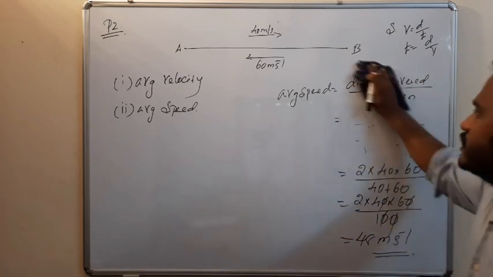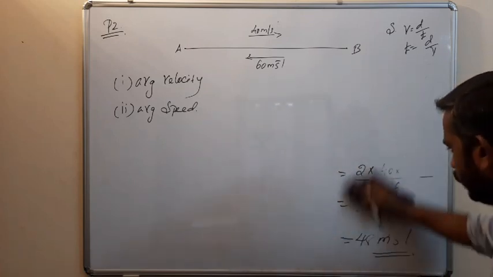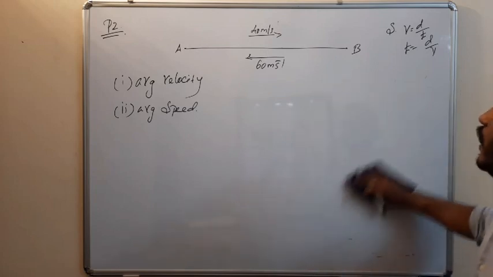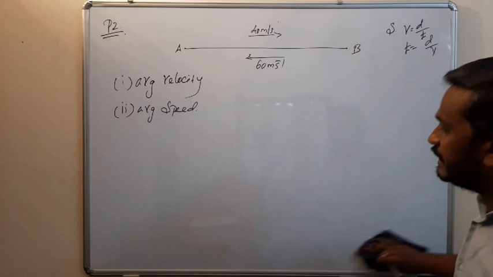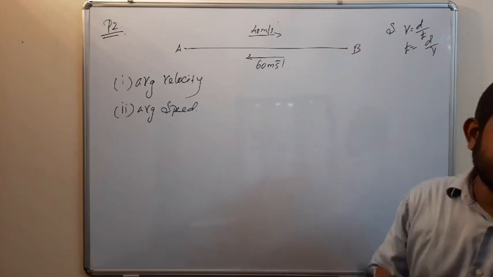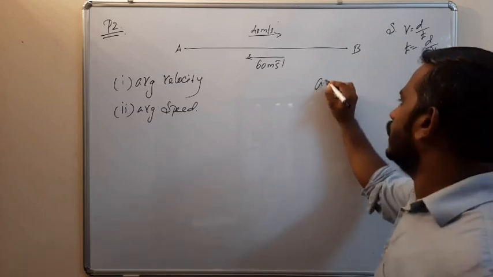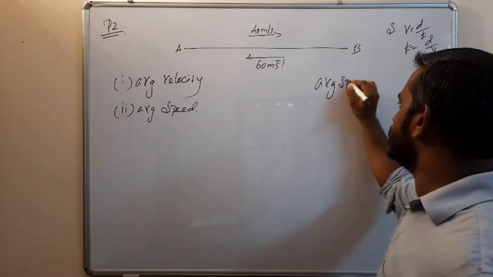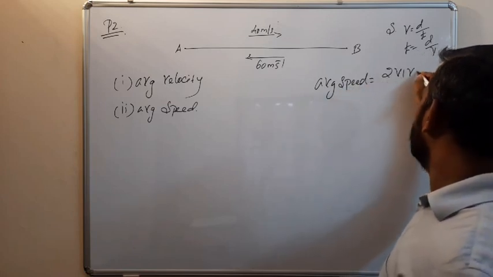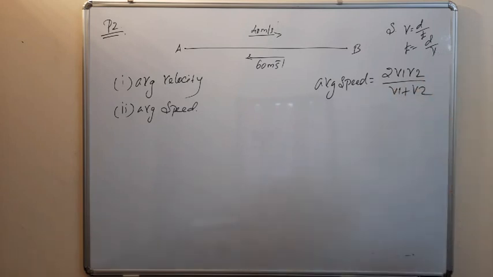Otherwise we can solve this problem in another way. In the last session I derived a formula. If an object travels equal distances with different velocities, what is the average speed? The average speed is equal to 2 v1 v2 divided by v1 plus v2.